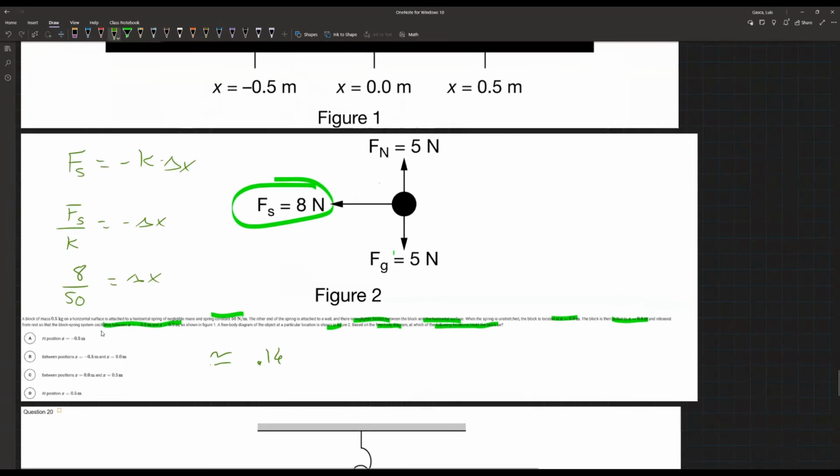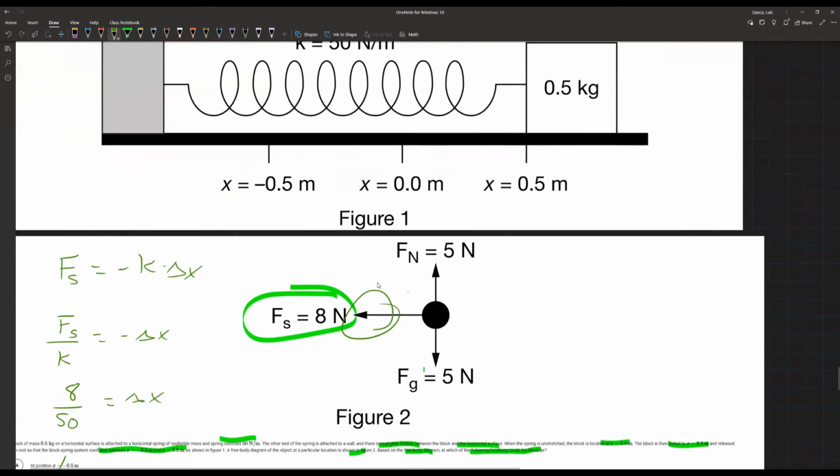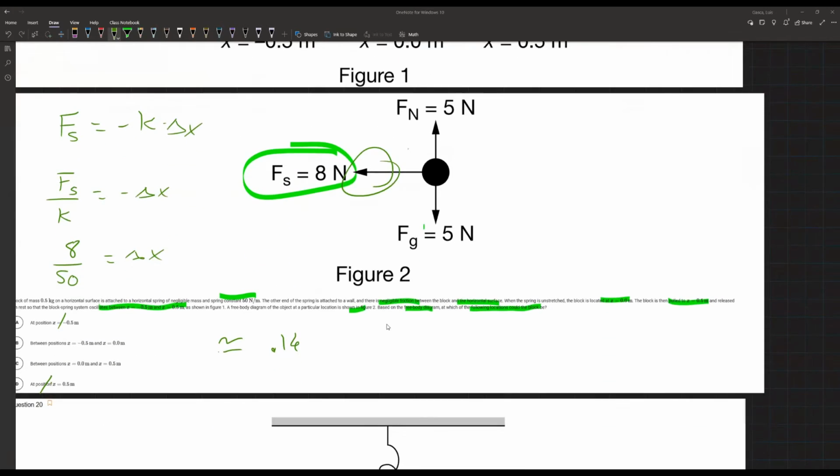So let's see here. Is this multiple correct? Because it looks like it's going to be one of these two. Let's look at the arrow for the spring force, because that's what really tells us where it's at. If I have a spring force pulling me to the left, that means I have stretched and displaced myself to the right, so it is at a position C between 0 and 0.5 meters.